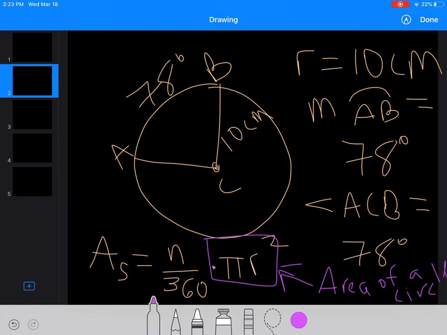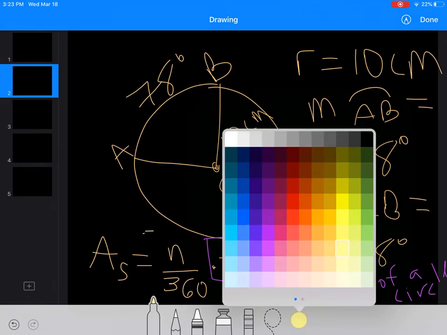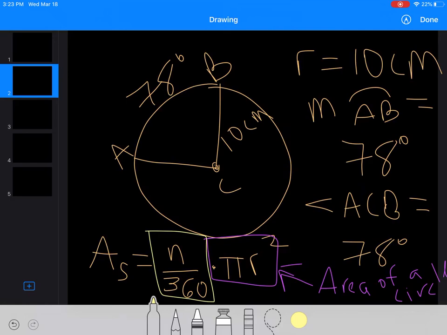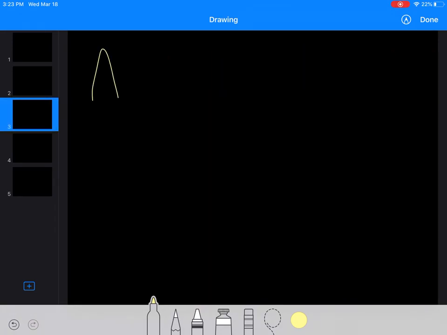Okay, so basically the yellow part of this equation is the portion of the circle given by the 360 degrees around the whole circle, and our sector arc is 78 degrees. So we just got to plug in those values.